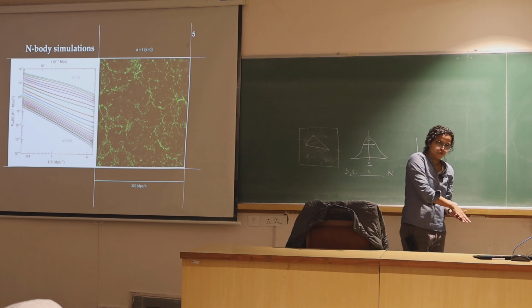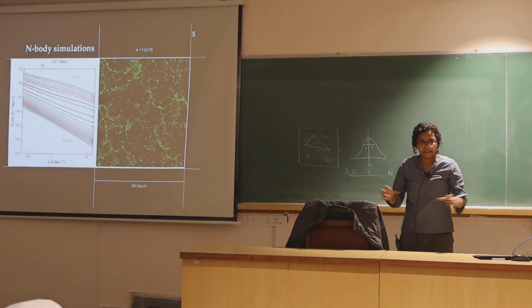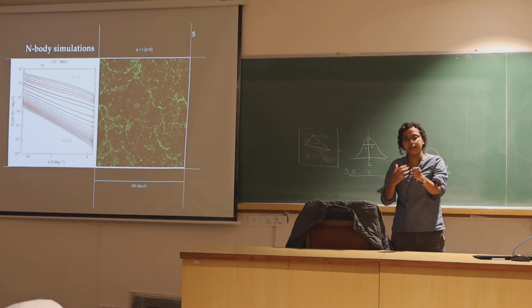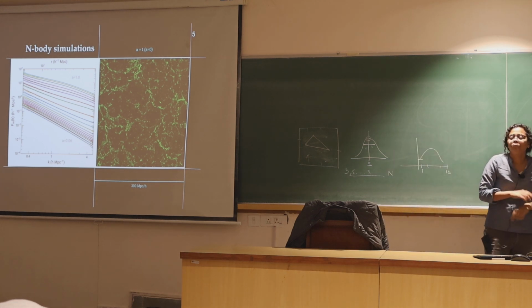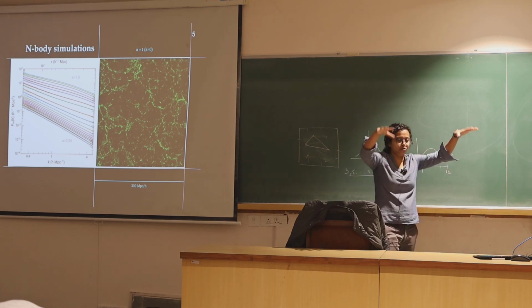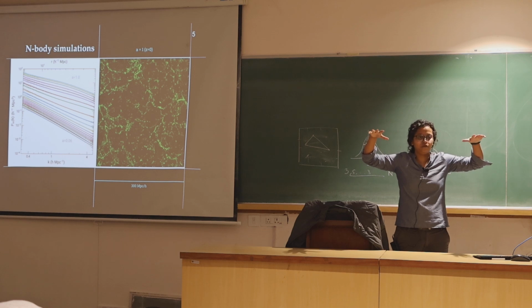But is the reverse true? Can there be a high density in the dark matter, but no high density in the baryons? Right? So let's say you must have seen those photographs that NASA publishes of India on Diwali.